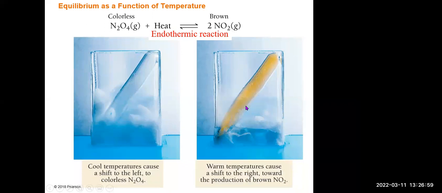At hot temperature, this tube becomes brown or kind of yellowish. If you do the opposite, take this tube to an ice bath, this equation shifts to the left side, which is colorless. So that's how we see the temperature change for some reactions.